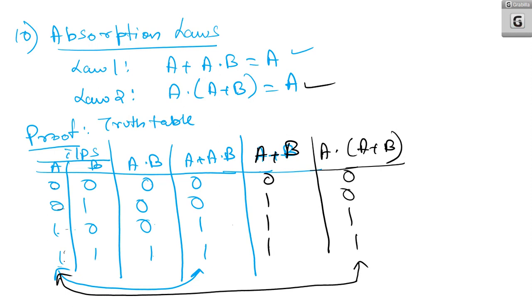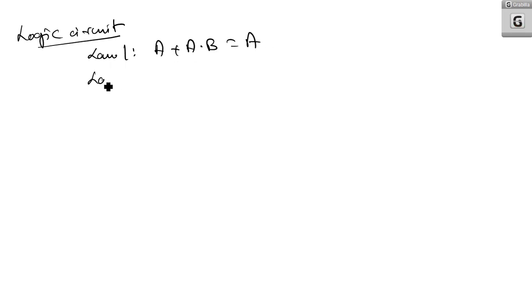So these are absorption laws. If you need to draw a logic circuit for this absorption law, the first law is A or AB, A or A and B is same as A. And second law is A and A or B. That is also same as A. So I will draw the logic circuit here.